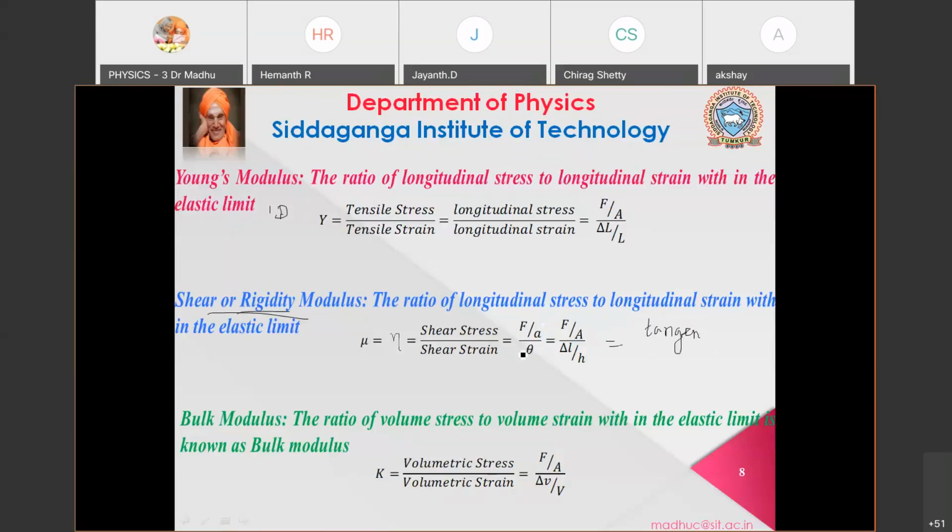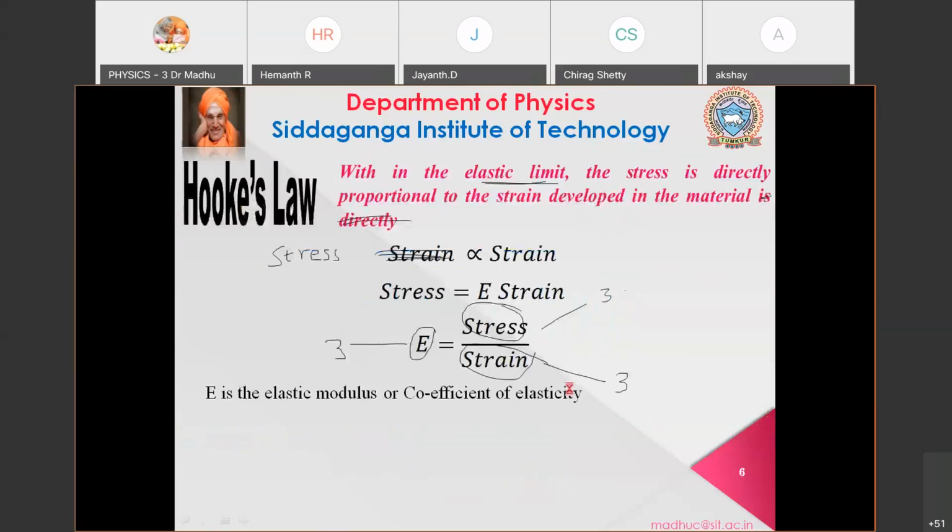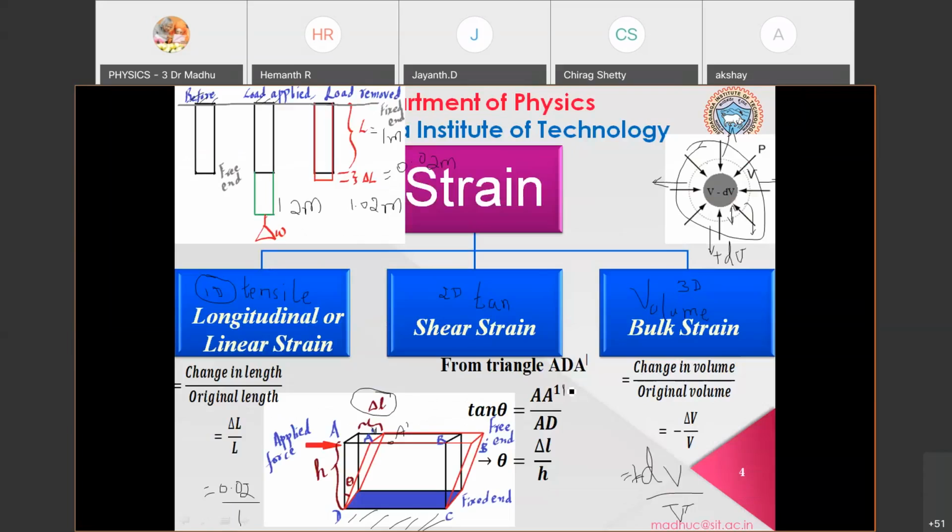So how do you define this? Your shear stress is force by area, F by A. Then your shear strain is given by tan theta or theta, where theta is delta L by H. For that, you are supposed to write this diagram when you are explaining.